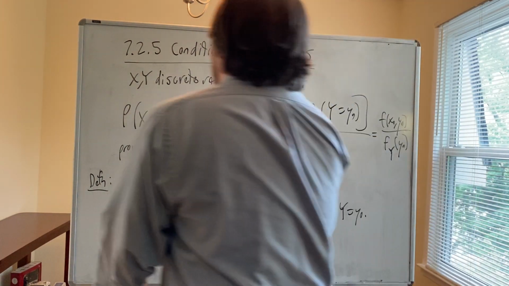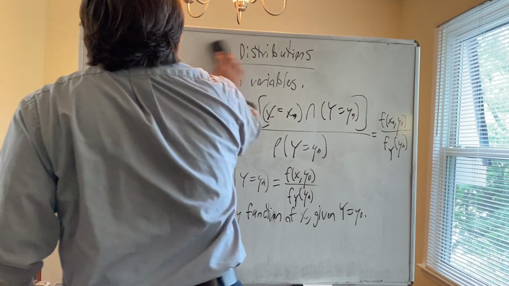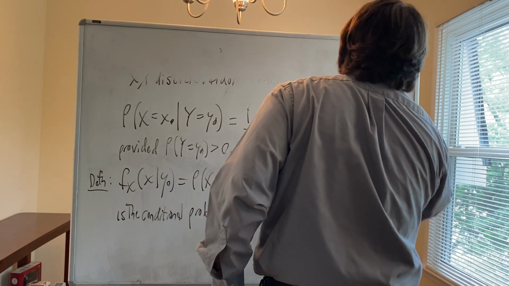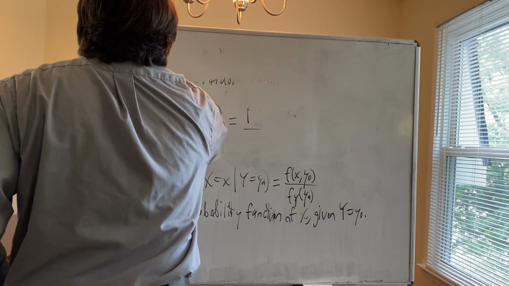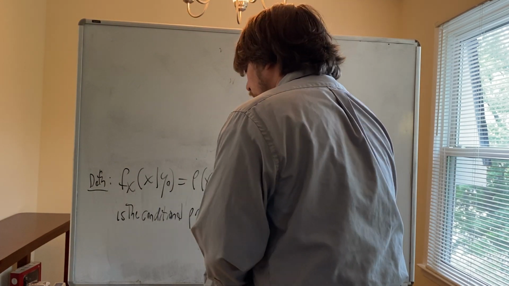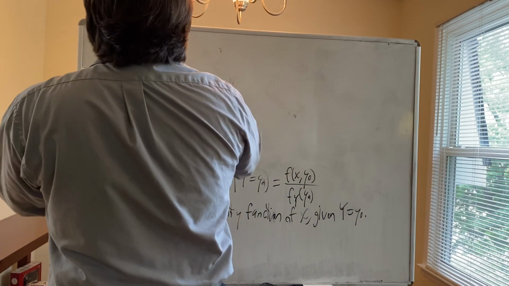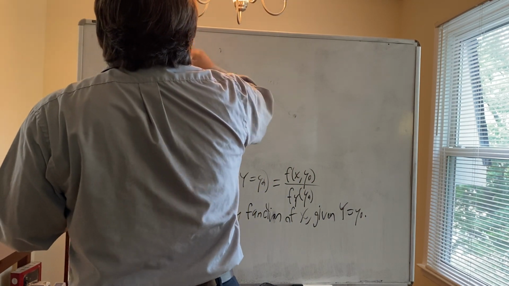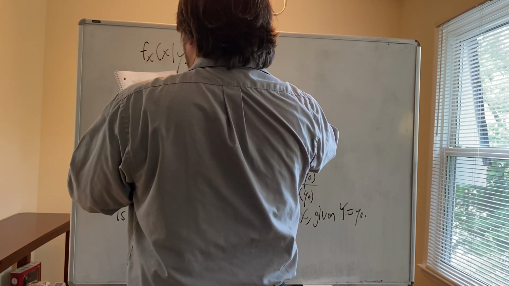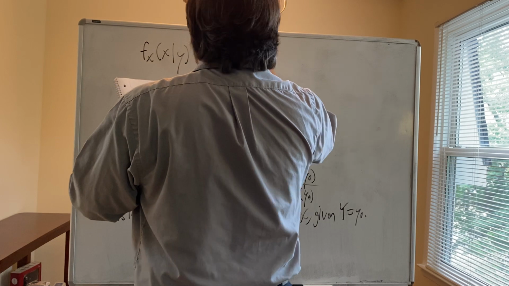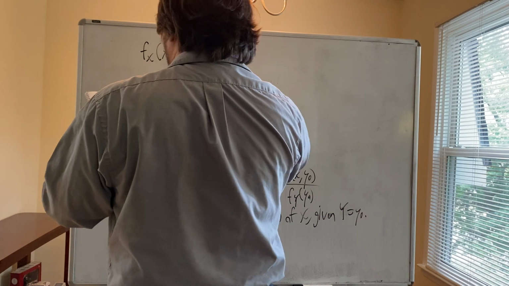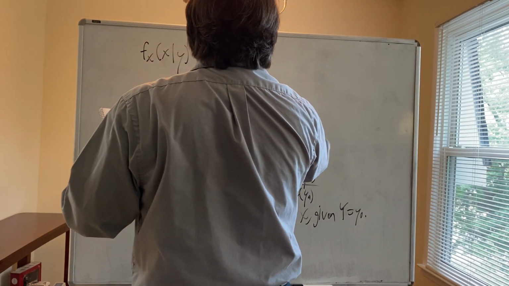Okay, and so above that, I'm just going to write one additional thing here. Let me wrap up this definition. So continuing this definition, f sub capital X of x given y is equal to f of x comma y over f sub capital Y of y if f sub capital Y of y is positive for all x.